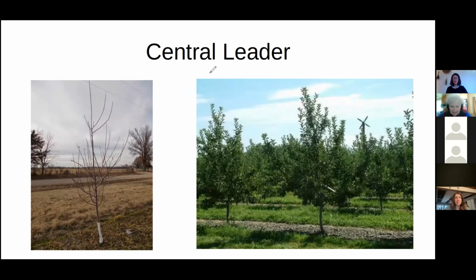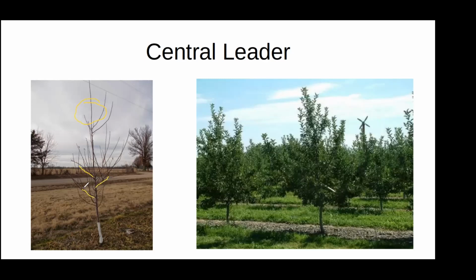This might be important. Is this going to work? Okay. Central leader. This is your central leader: one tall main branch going straight up. Then we have some lateral branches here, here, here. There's more, but that's just an example.